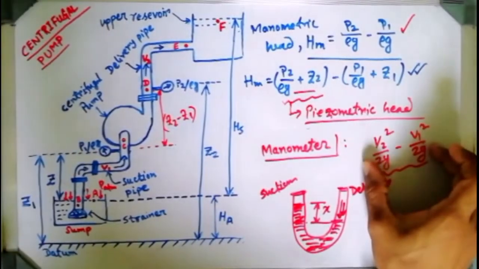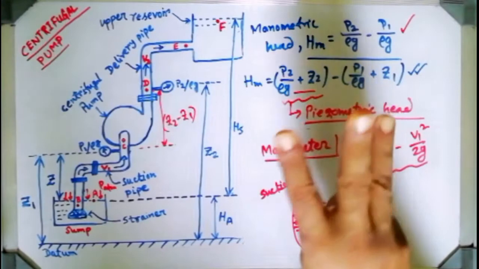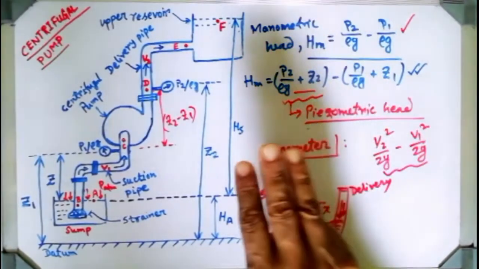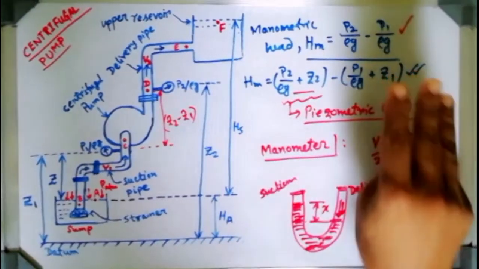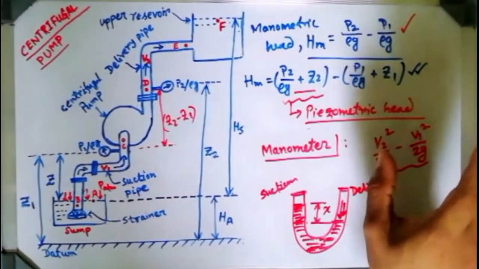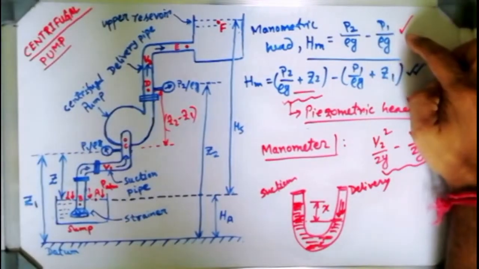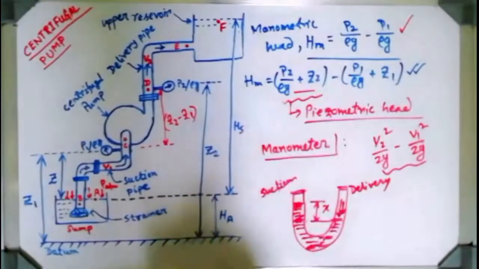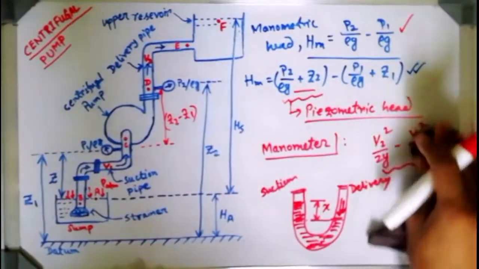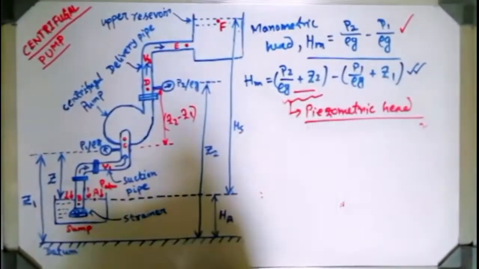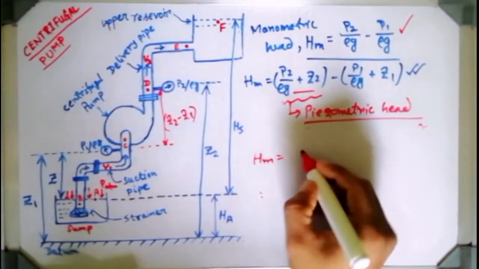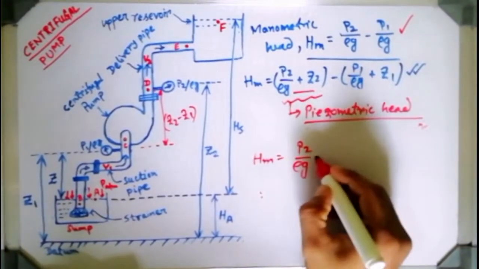I have just represented three modes of manometric head, three expressions of manometric head. You can see the manometric head expression in this form, as well as the initial form whatever I have written earlier. Hm can also be written as the sum of all those.